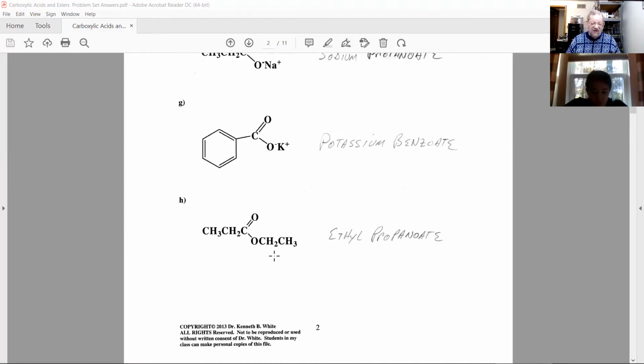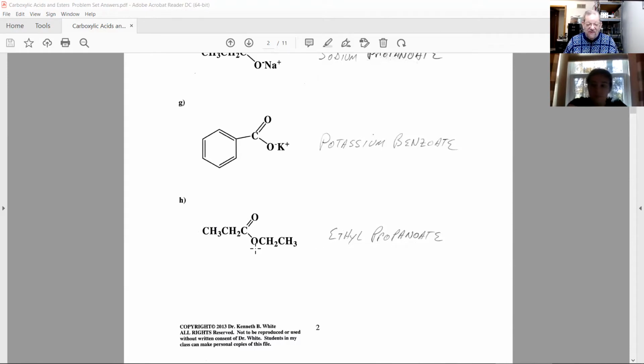Now, here we have an ester. And remember, ester, R, carbonyl, O, R prime. And how do you name that? Well, you can use the 2 methods. If R attached to the carbonyl is carbons, like this example, find the longest chain, propane, drop the E, add OATE.